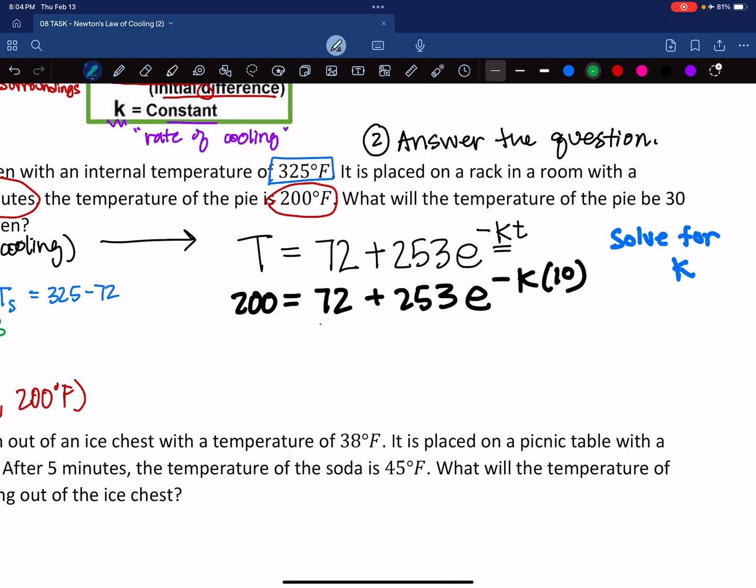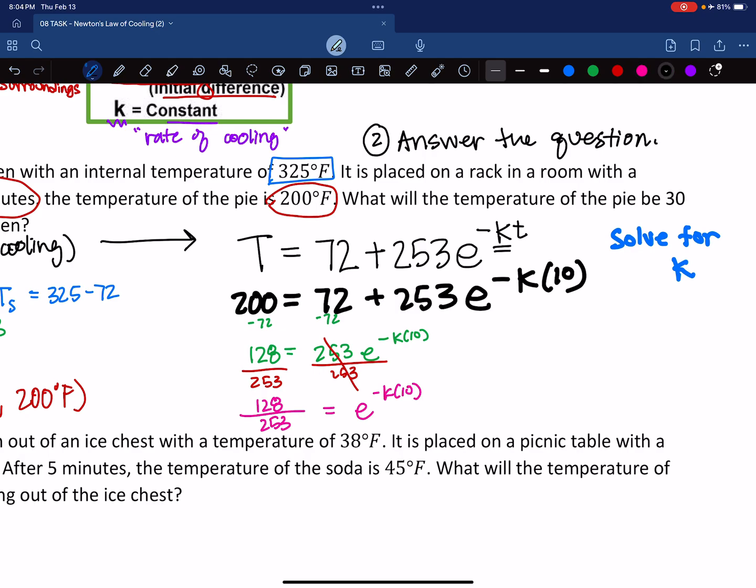All right, let's see how you did. First off, we're going to subtract 72 from both sides. That's going to be 128 equals 253e to the negative k multiplied by 10. Next up, divide by 253, and we're definitely just leaving this as a fraction. 128 over 253 equals e to the negative k multiplied by 10.